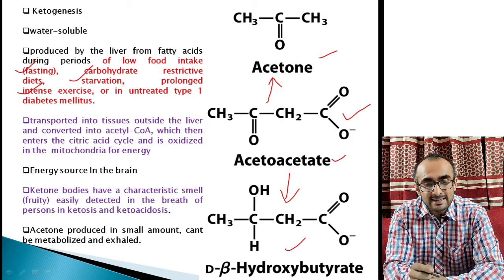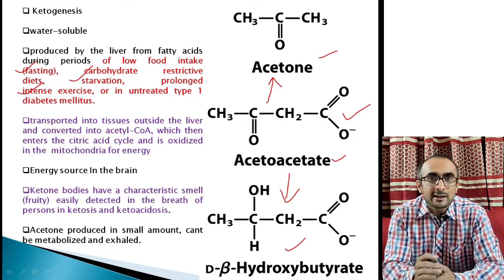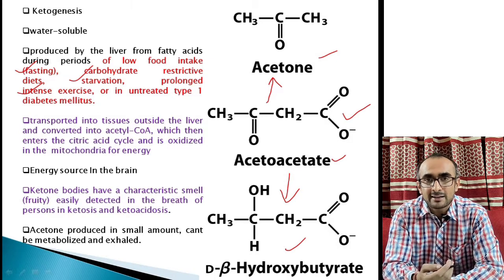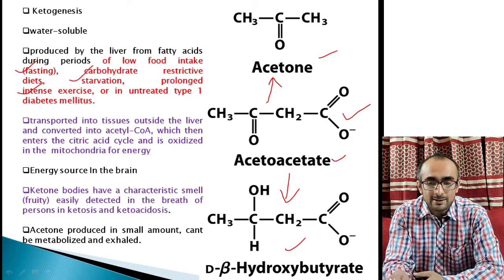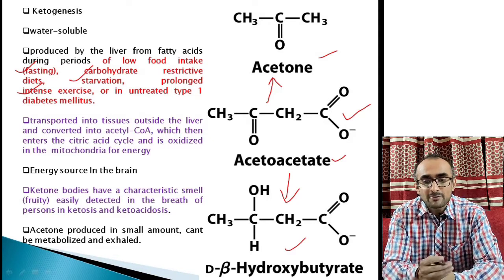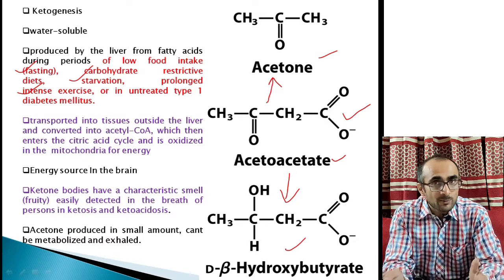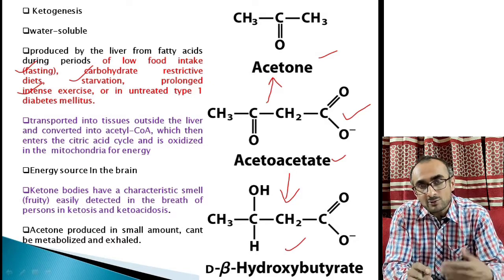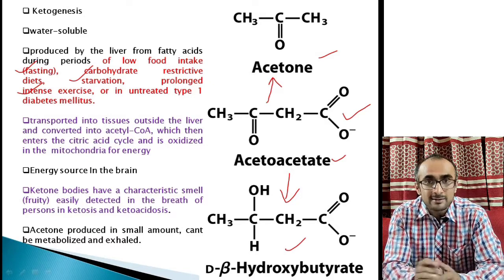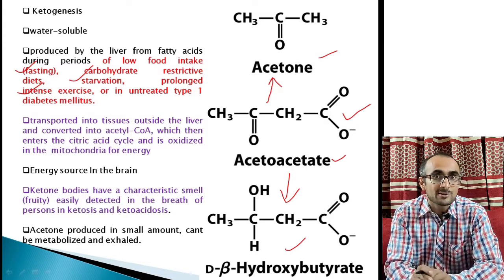So in these states, which are not normal physiological states, acetyl-CoA produced in the cell is converted into these three compounds. These are called ketone bodies, and after synthesis in liver cells, they are transported to extrahepatic cells, where they are absorbed and used for energy production.